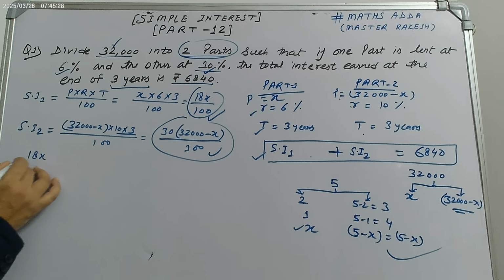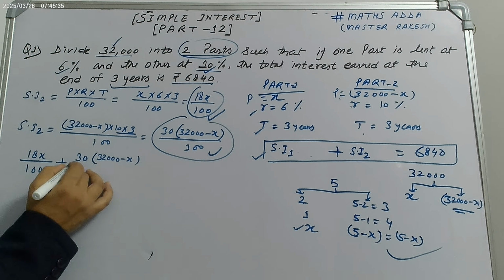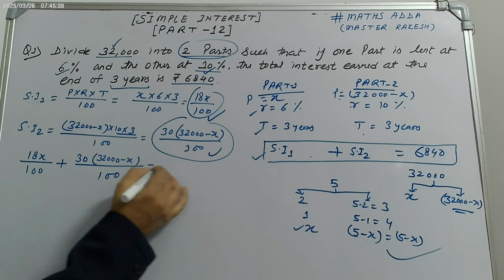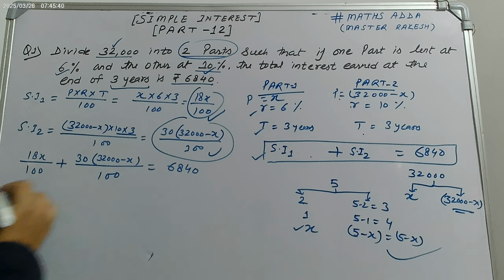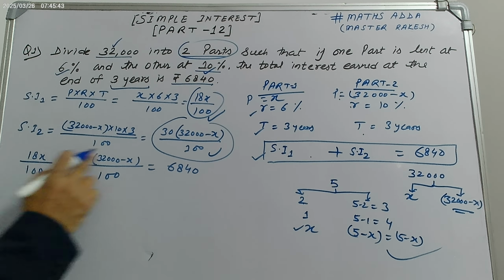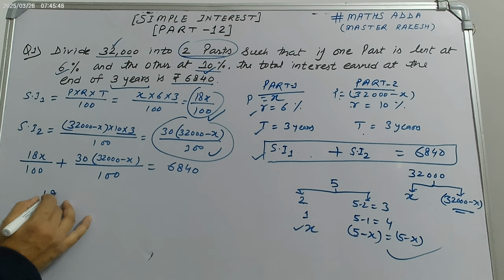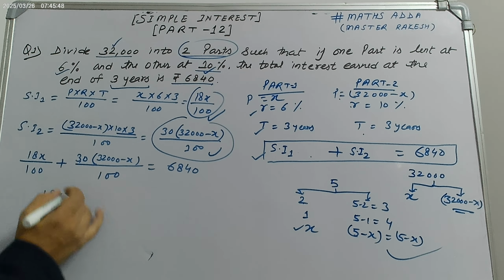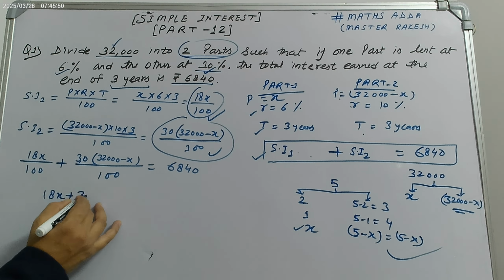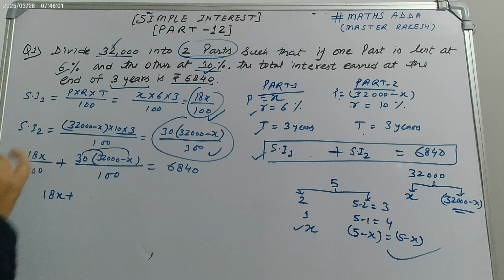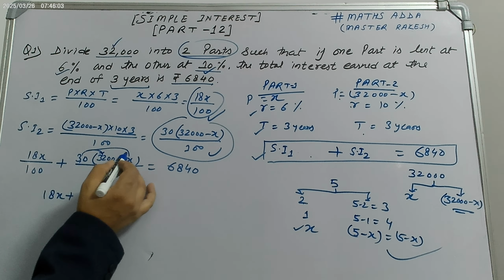So 18x upon 100 plus 30 into (32,000 minus x) upon 100 equal to 6840. 100 is the LCM, so the 30 will get multiplied inside, distributed with the first part and the second part.